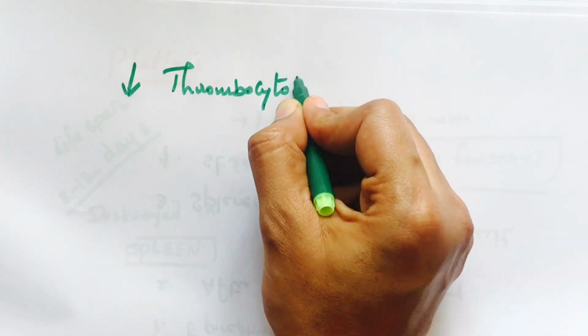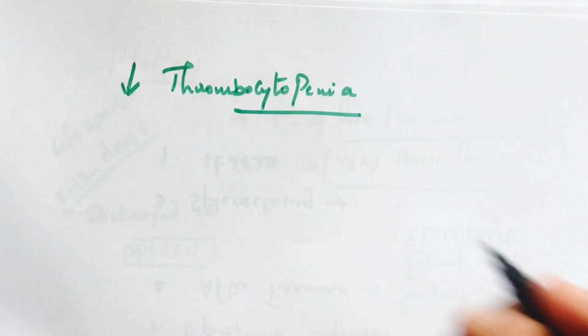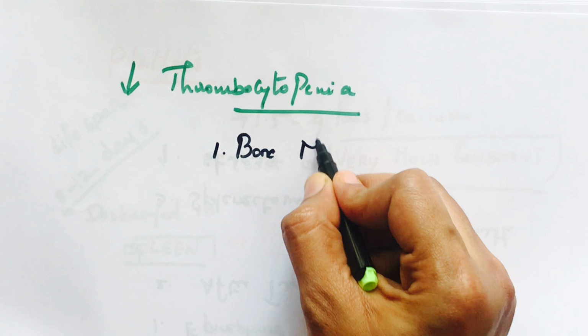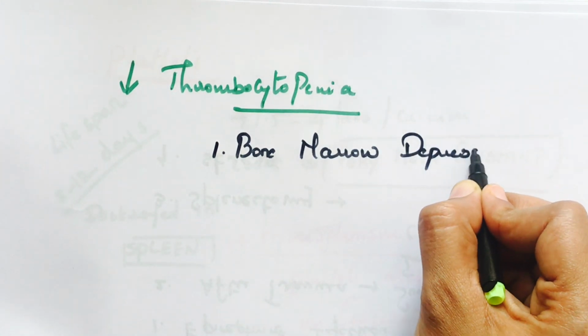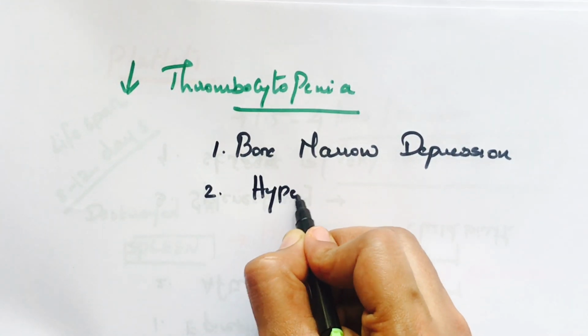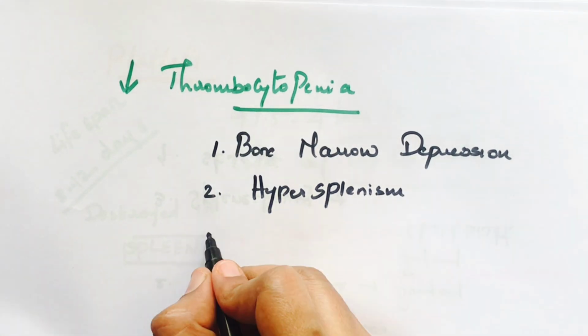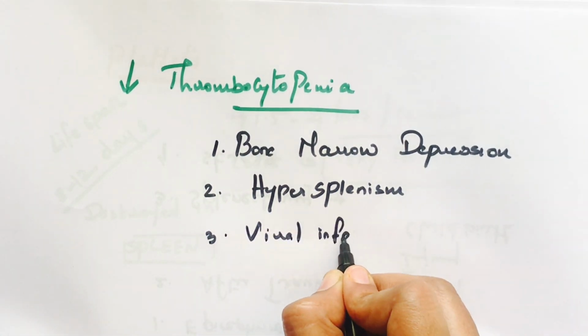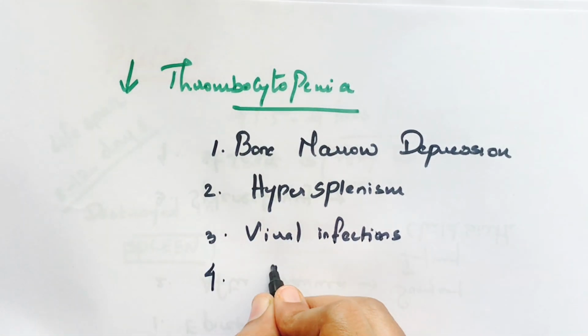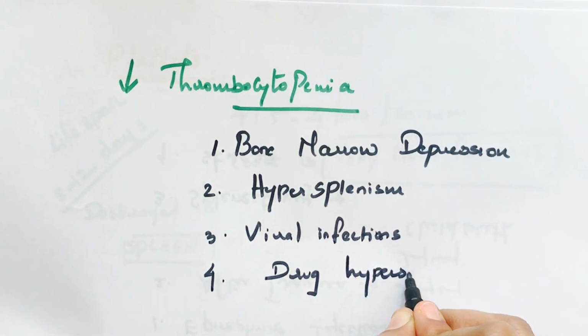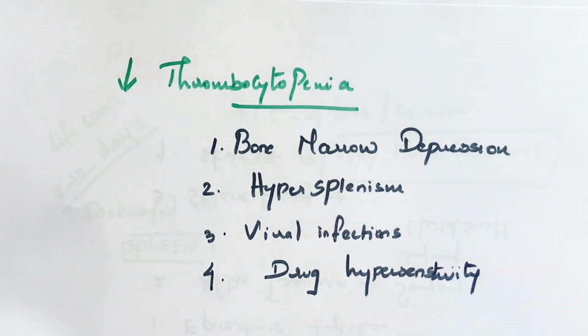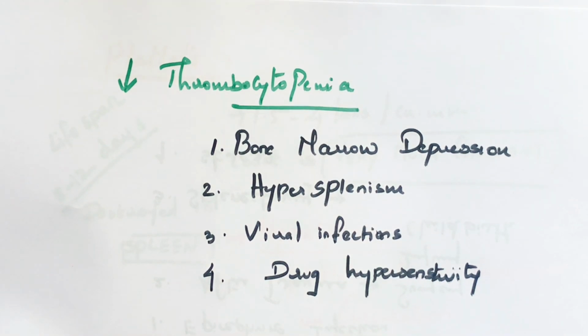Platelet counts are markedly decreased, that is thrombocytopenia, seen in bone marrow depression, hypersplenism, viral infections, and any drug hypersensitivity. The most common viral infection is dengue.